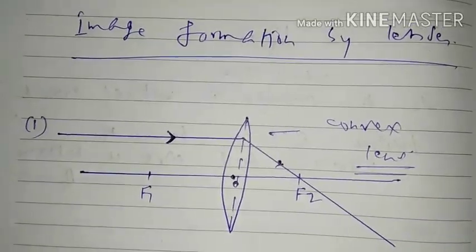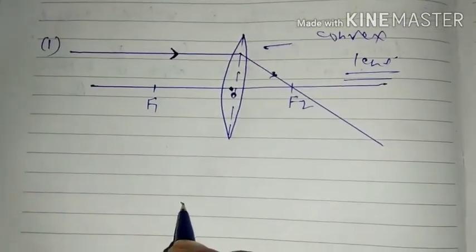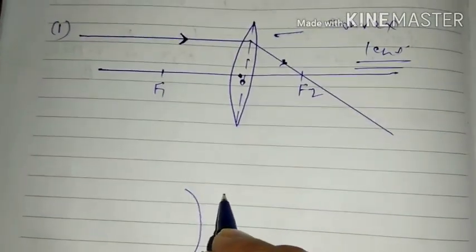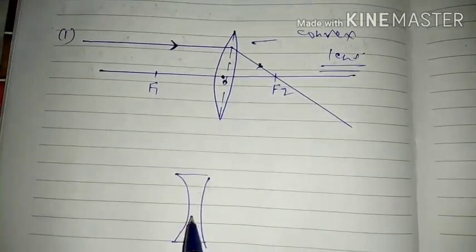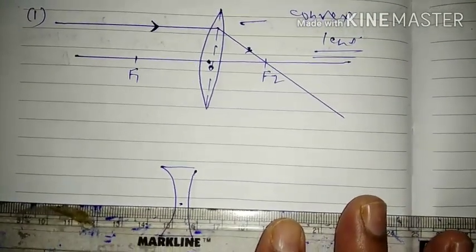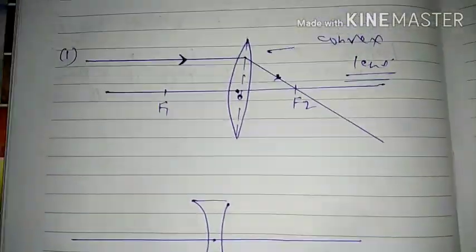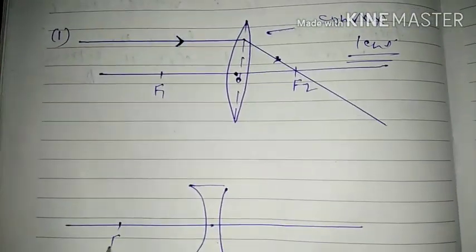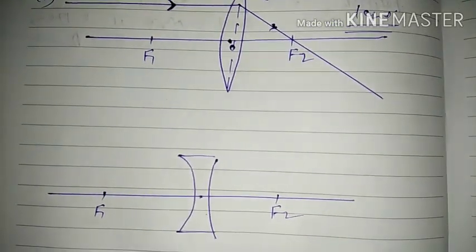Now see what happens for concave lens. In the same situation, if suppose we have a concave lens, this is optical center, this is principal axis, suppose this is focus 1, this is focus 2, then what happens in this case?